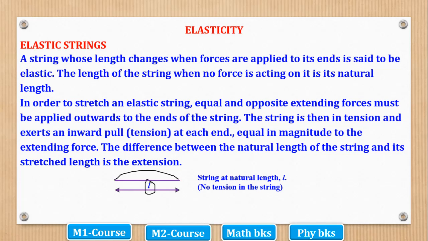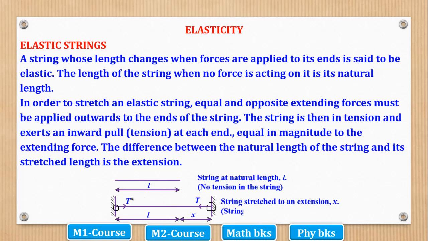We usually denote it with the letter L. Then when you apply a force and stretch it between two fixed points, there will be tension in the string, and tension arrows must always face each other.